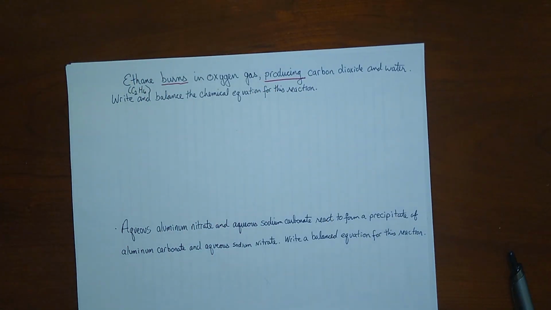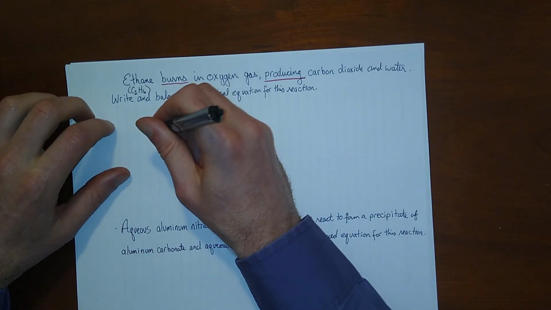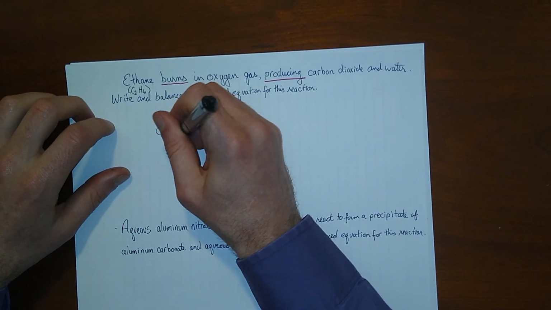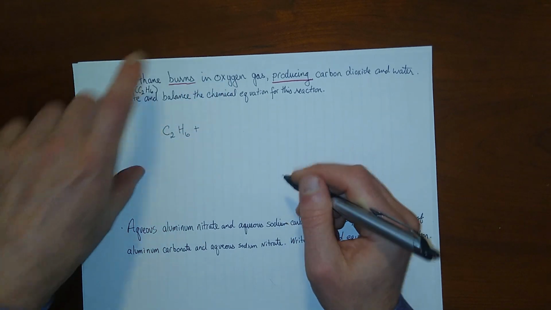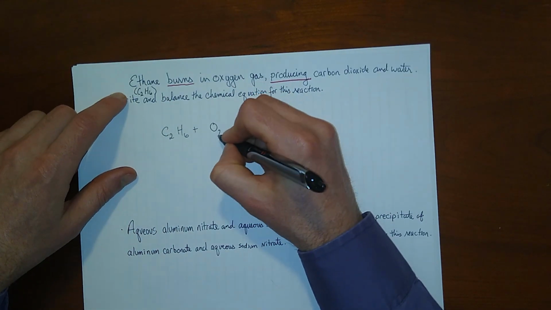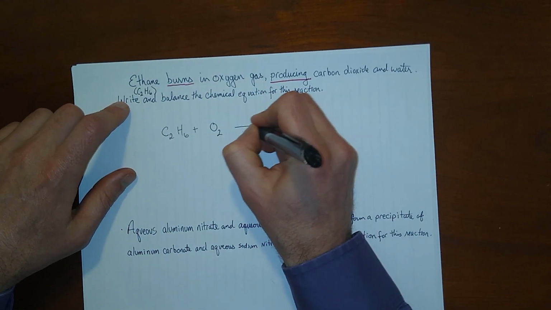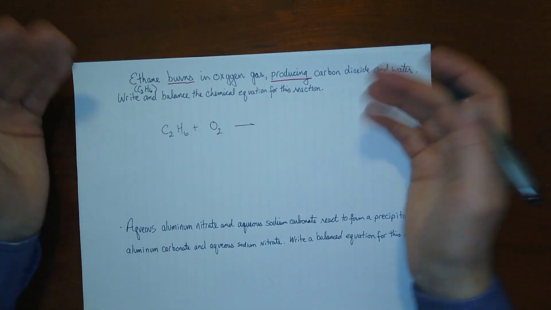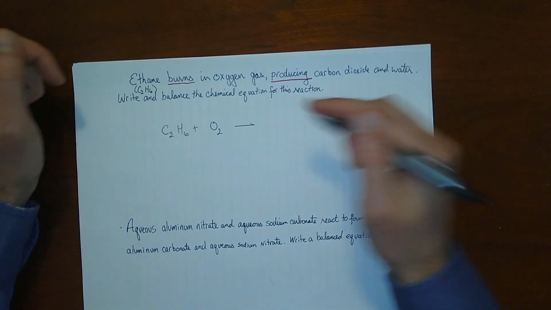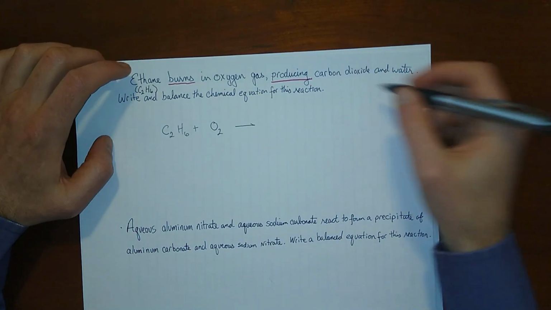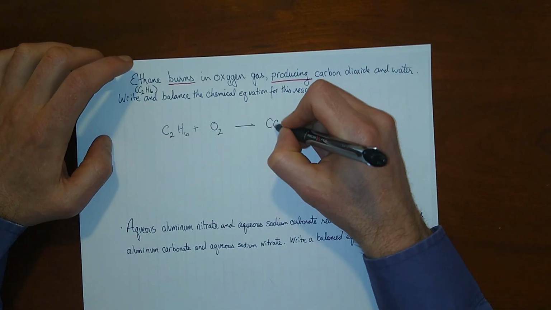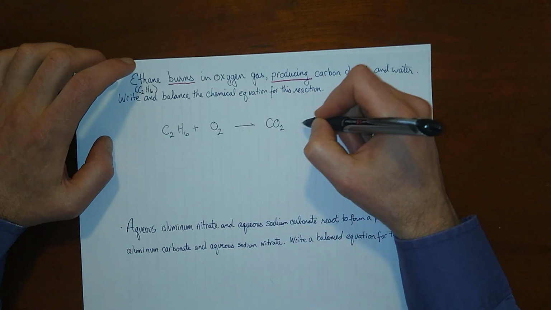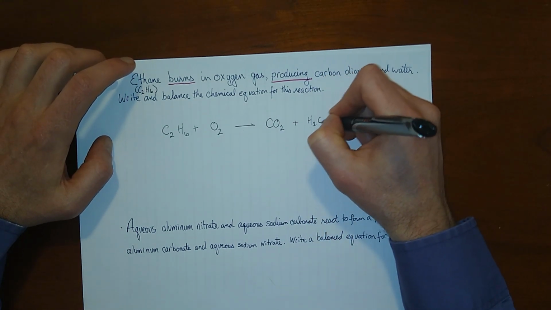So we're going to have ethane, C2H6, plus oxygen gas, again is O2, not O. And when I have energy applied to that, it's going to burn the ethane, and the oxygen is going to combine with it in some way to produce carbon dioxide, CO2, and water, H2O.